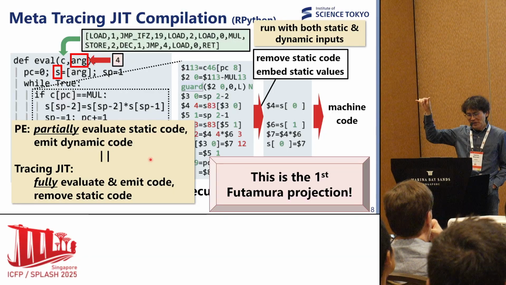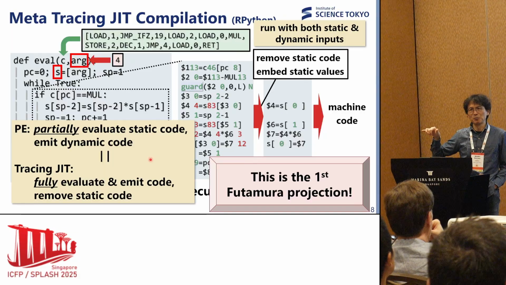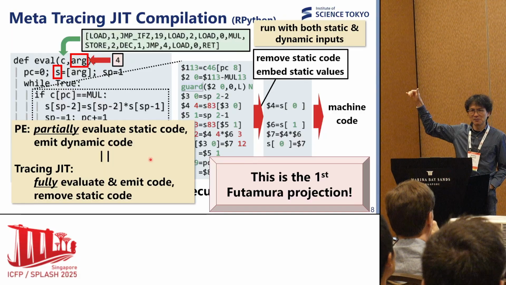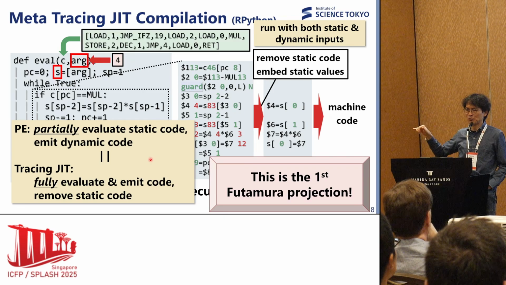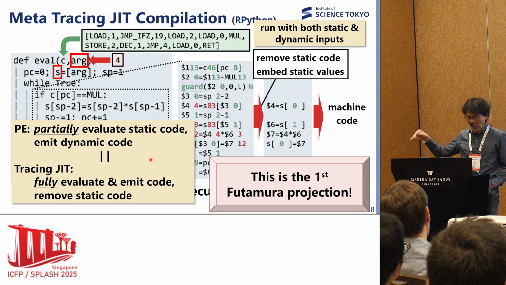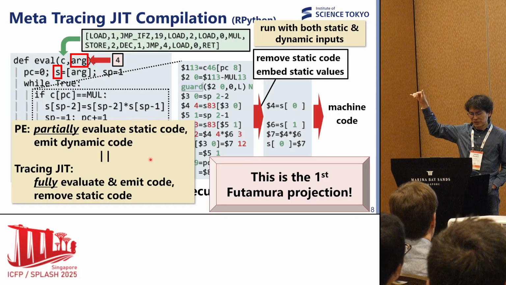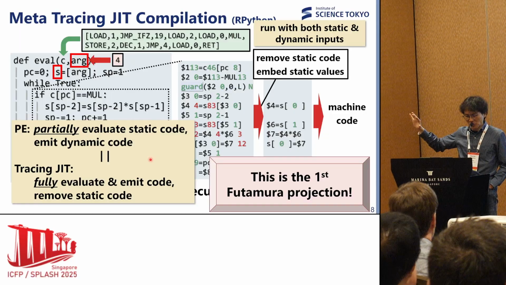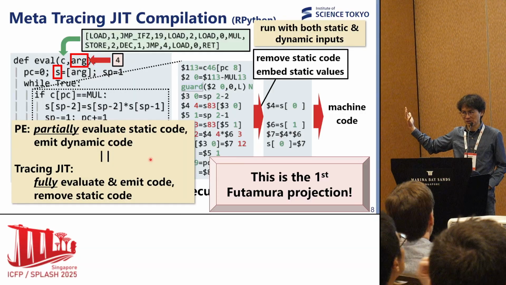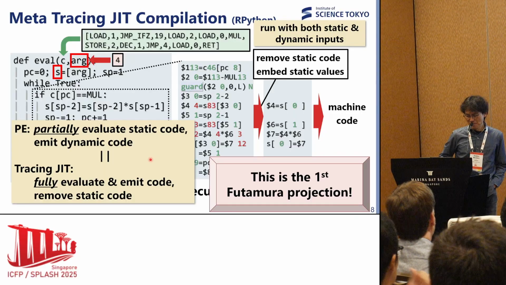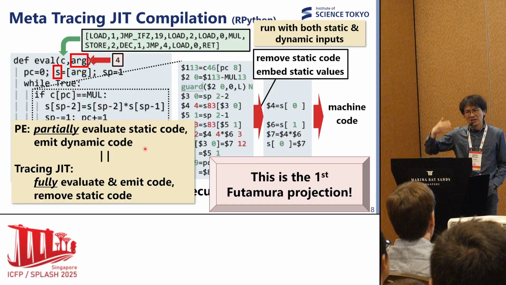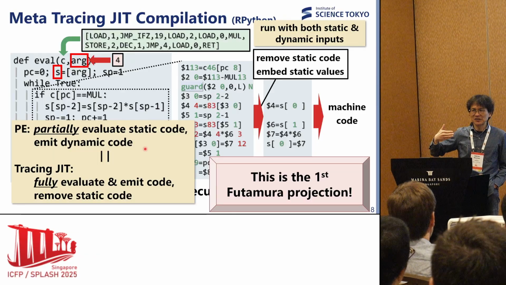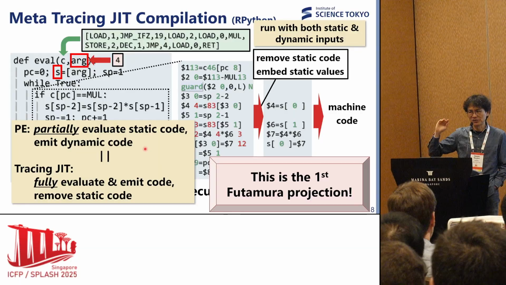So both static and dynamic parts are executed, and both are produced as output. Afterwards, from the emitted code, which means the trace, we remove the static part and get the partially evaluated code. So it looks slightly different, but effectively both are doing the same.